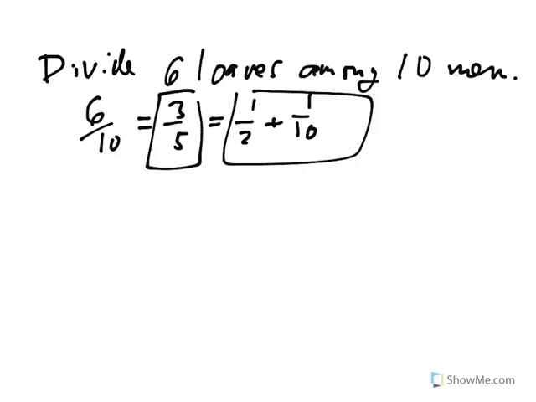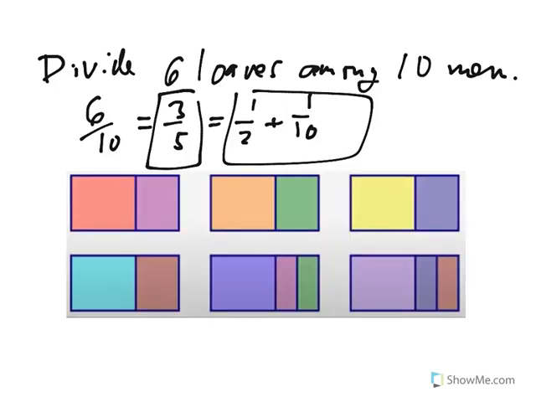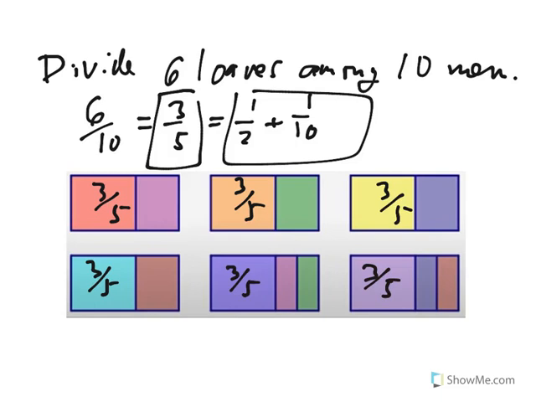Well, if you actually have the 6 loaves of bread represented by these rectangles, and you try to give each person 3/5, what would happen is I can give 6 people 3/5, but then the other 4 people, well, they have to get a 2/5 piece.